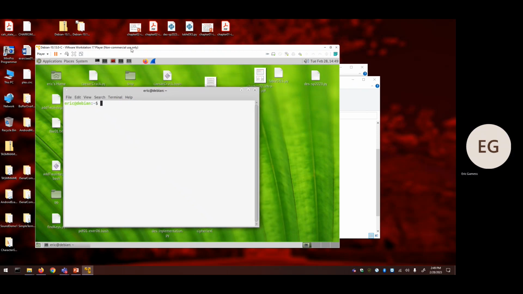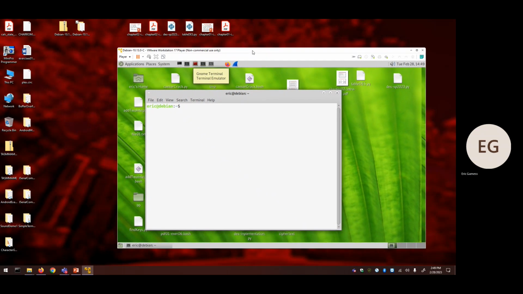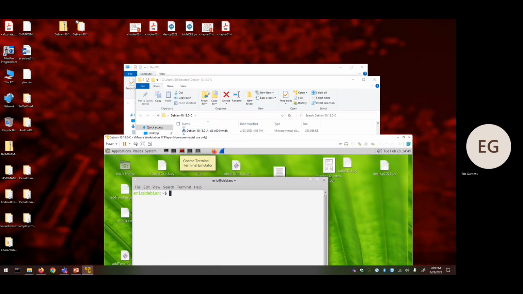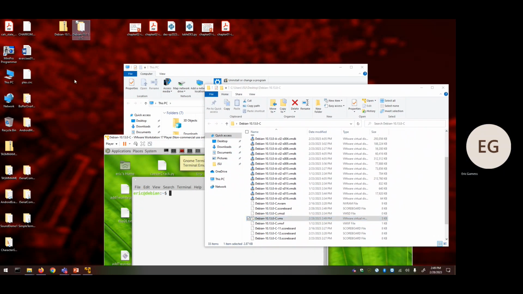Oh, I don't put it here. Oh, I forgot the way for me to connect the USB drive.